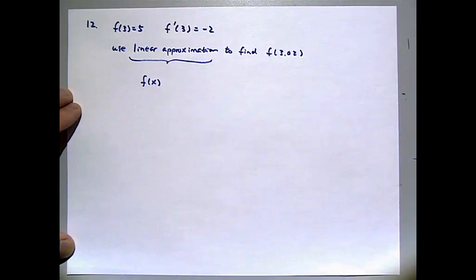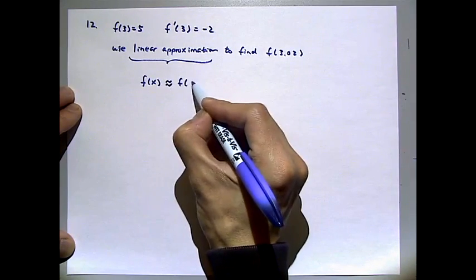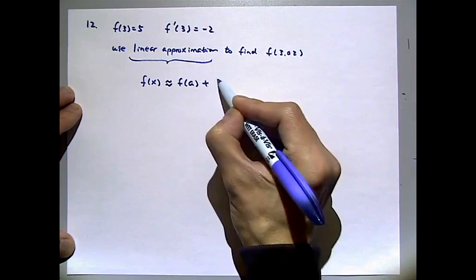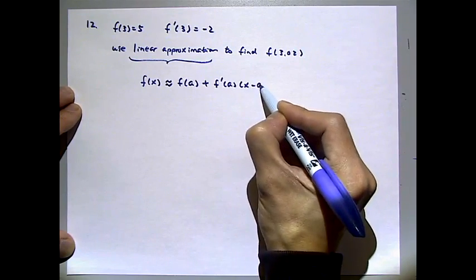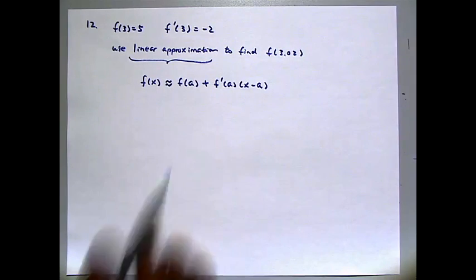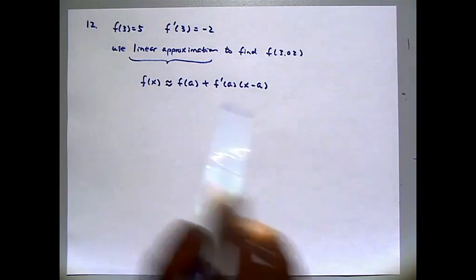Okay, so you need to remember at least how to get the formula for linear approximation. And remember, all this thing is the equation of the tangent line at x is equal to a.